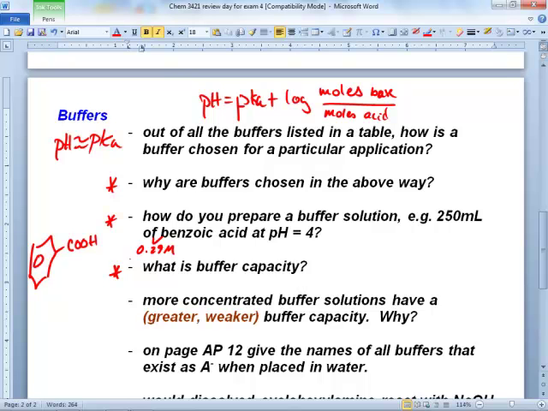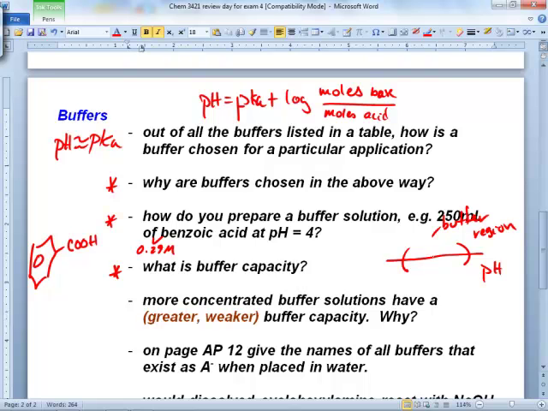When the pH equals the pKa, you're right in the middle of the buffer region, right? This is how I imagine it. There's two words to describe this. If this is pH, that's my buffer region.